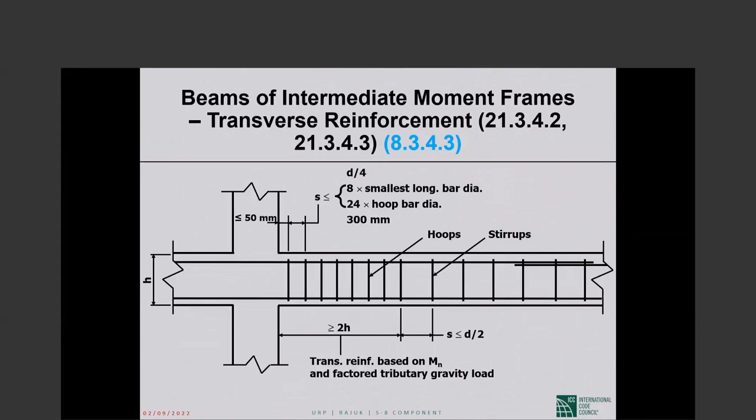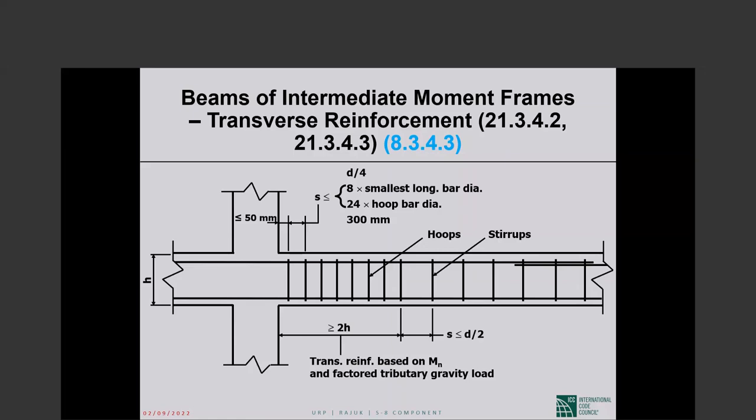Transverse reinforcement, intermediate moment frame. We consider the intermediate moment frame beam. We consider the same region of potential plastic hinging at each end, twice the overall depth of the beam. Within that, we now require, when I say now, 318-08 required it, I don't remember which edition, but before a certain edition those could be stirrups.